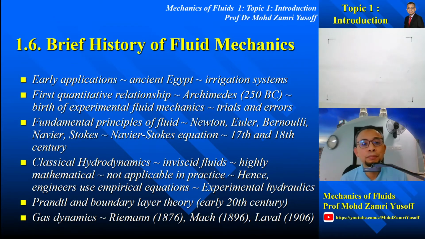And this actually gave birth to what is called experimental fluid mechanics. It's basically fluid mechanics by trial and error, by observations. Until about 400 or 500 years ago, during the time of Newton, Euler, Bernoulli, Navier, and Stokes, the scientists during that time derived the equations that actually govern how fluids behave.